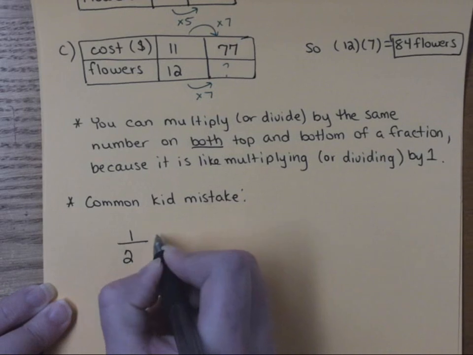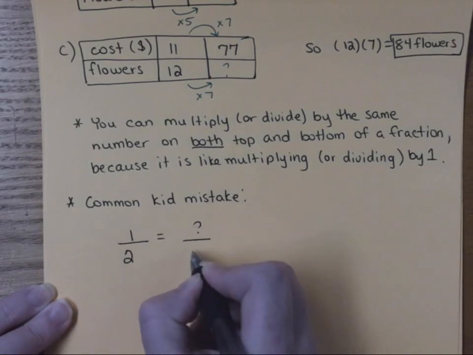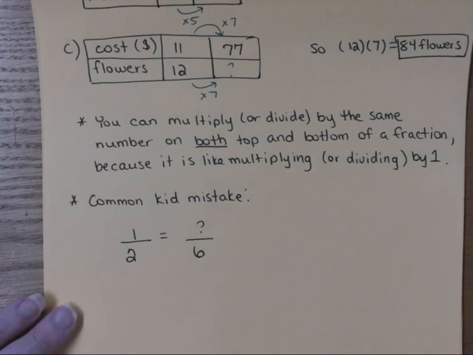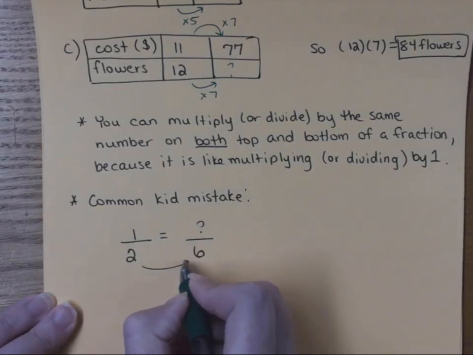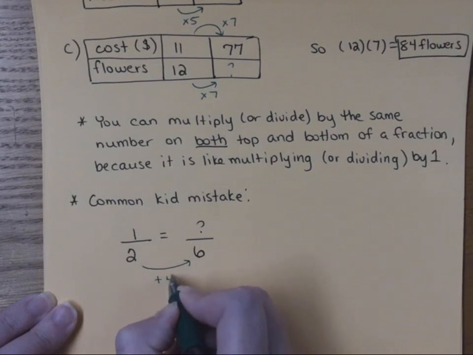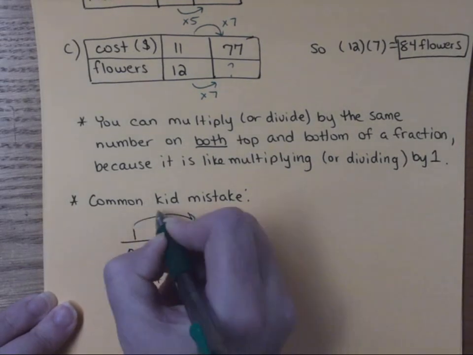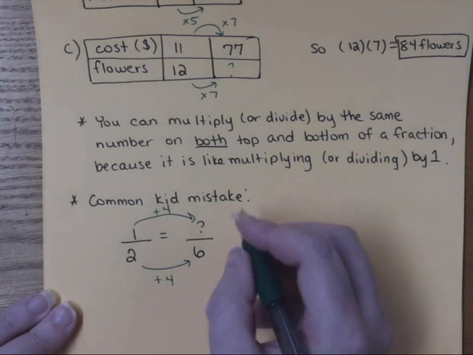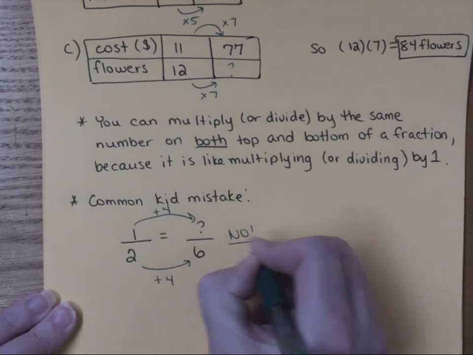So if you have a proportion like this to try to solve for, one of the more common kid mistakes is to remember that they need to do the same thing to both sides, but maybe to try to do this. Add 4 to both, okay? But this is not what we do, right?